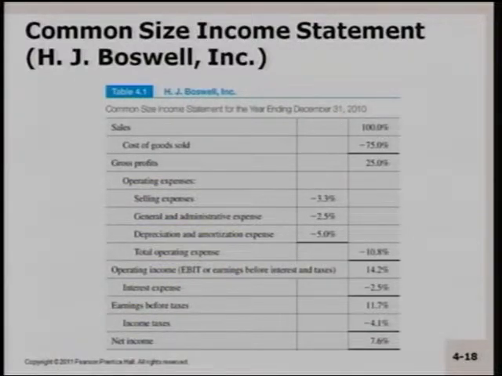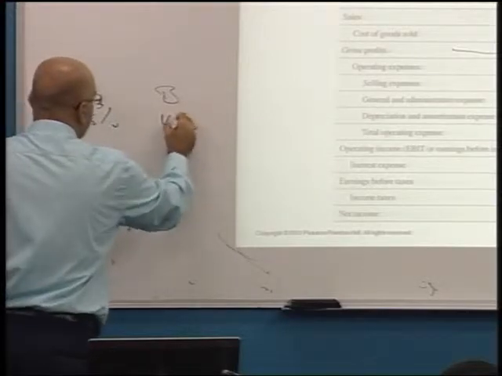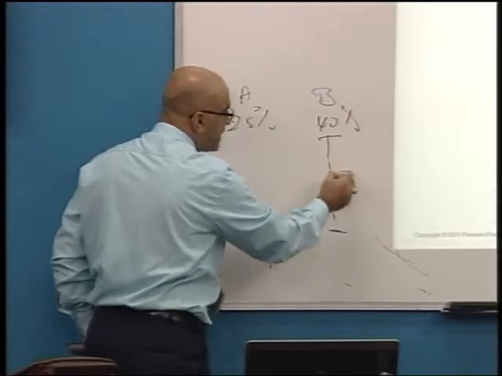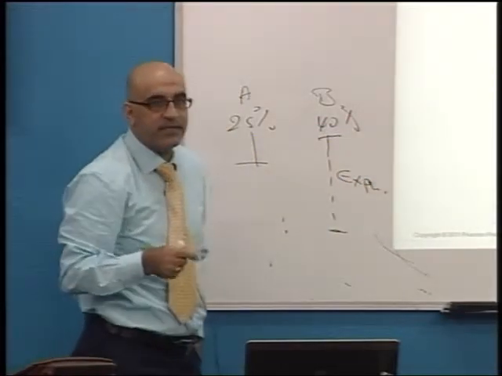So this should be high. Why? Because the other accounts depend on the gross profits. If you have company A and company B, and this one has 25% gross profit and this one has 40%, it means this one has more room for expenses, but the other has less room for expenses.